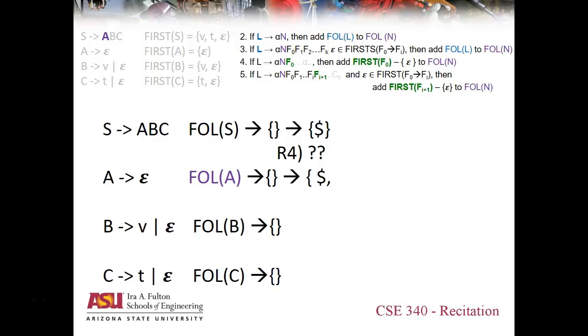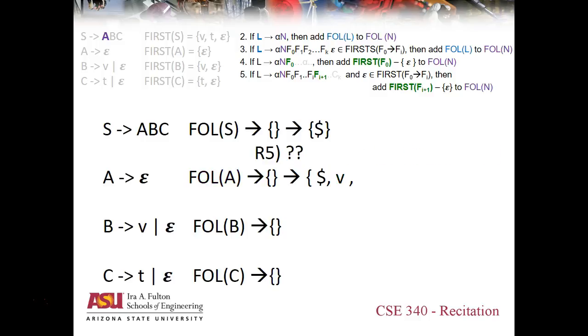It would still be something that's following it. So we have A, B, and the rest. In the first one next to A, we would add the first of B minus epsilon, which gives us V. Perfect.